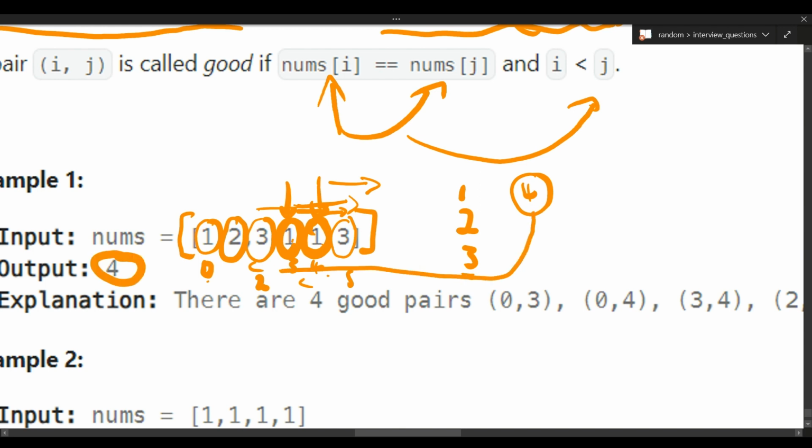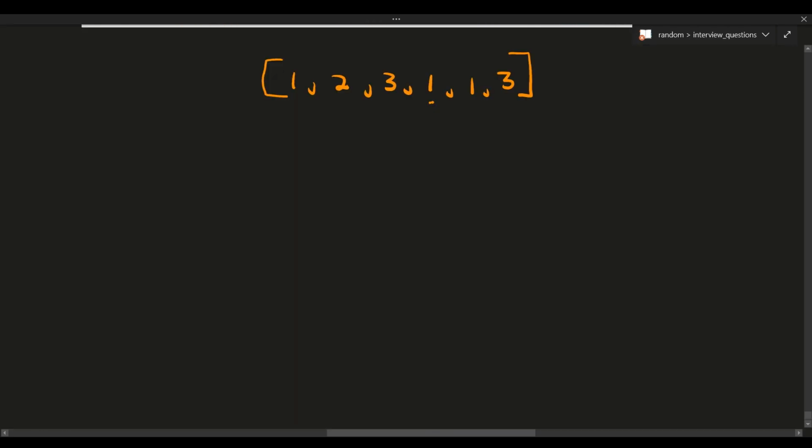It is 4. So now, how can we come up with a solution to this problem? Let's try to come up with a brute force solution. This is where we come up with a naive solution which is not efficient, and we're going to work our way towards a more efficient solution. So one can say, how about at each index we try to look for a good pair? You can have a for loop, for i in range of length of nums, meaning you're starting from here, your i is going to be here.